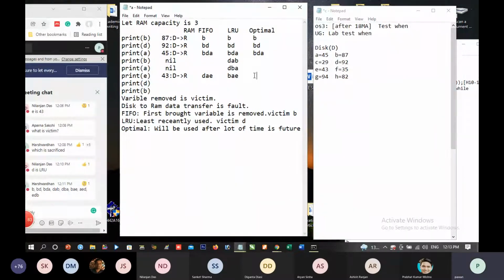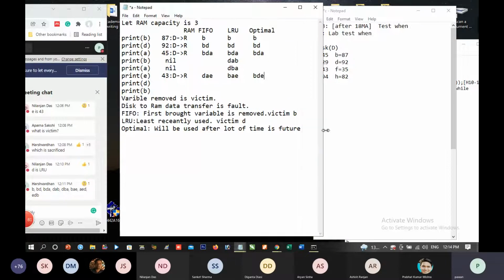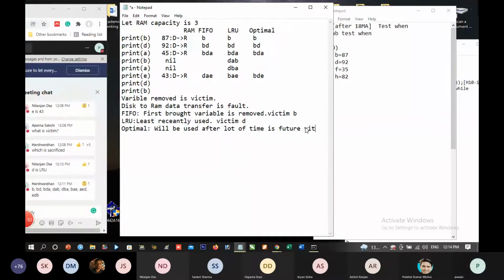So we shall remove A and it will be B, D, E. We see the future. So in case of optimal, our victim is A. Is it correct?